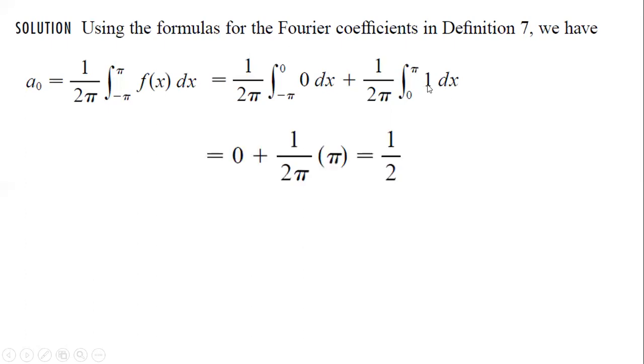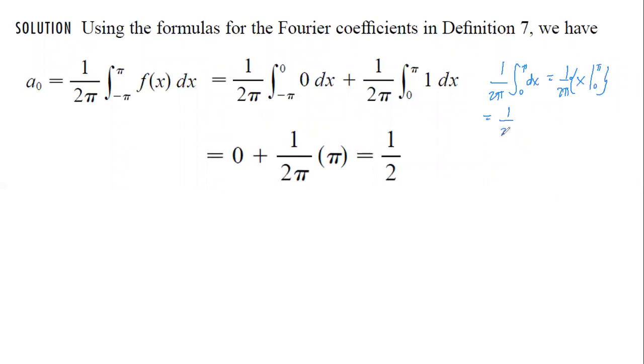This will give us 1 over 2 pi times the integral from 0 to pi of dx. So this is 1 over 2 pi times x, evaluated from 0 to pi.